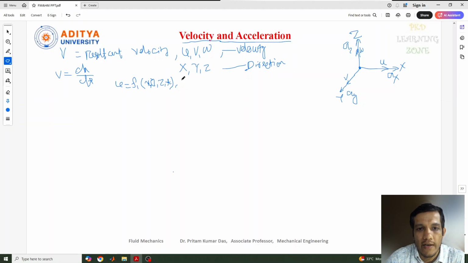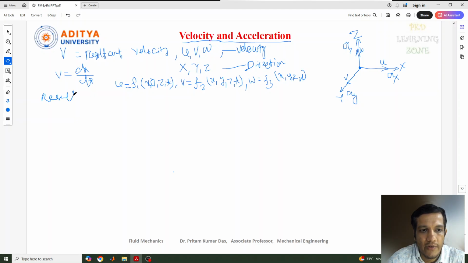Similarly, we can write v equal to a second function, f2, of again x, y, z, and time t. And similarly w is again a function f3 of x, y, z, and t.